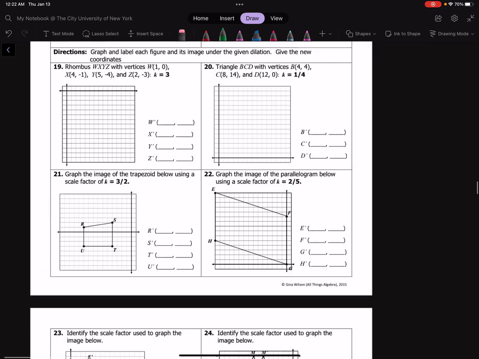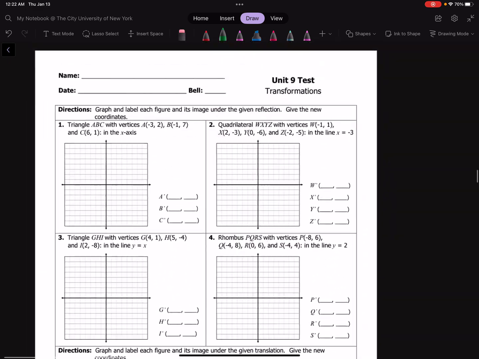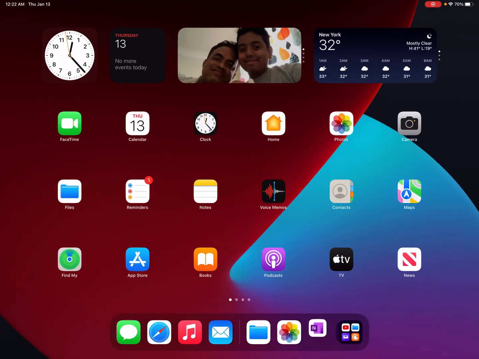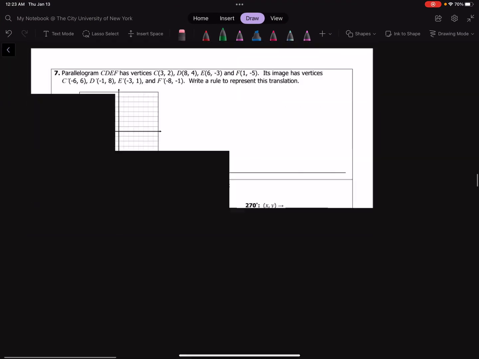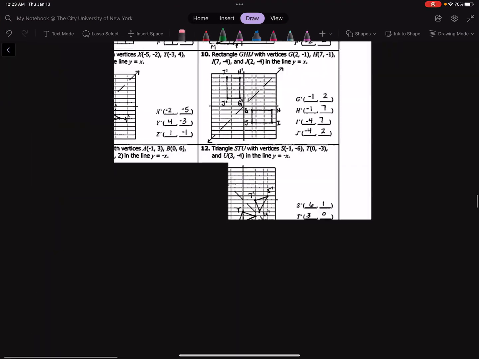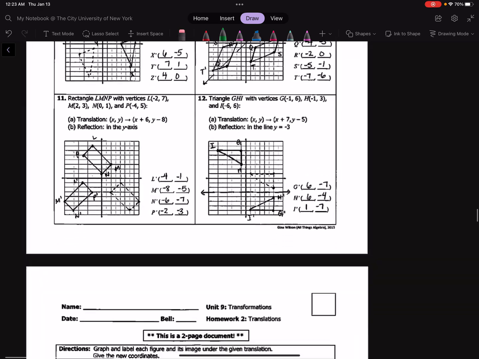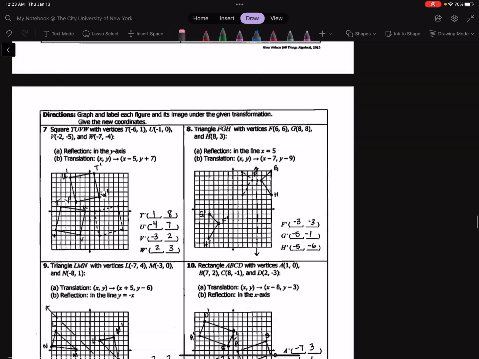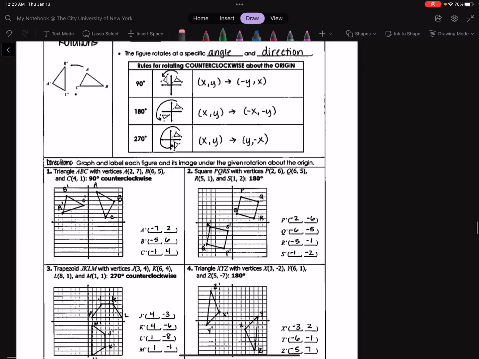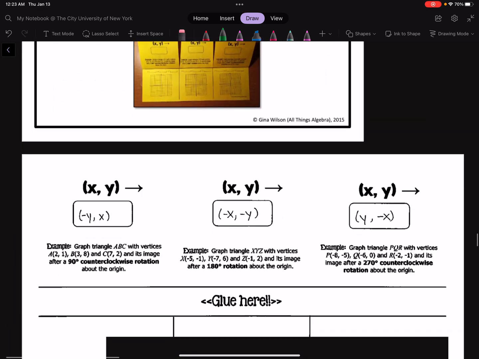Another concept I want to give you is about dilation. If any dilation takes place, what happens? There will be one question related to that. Let me show you here.